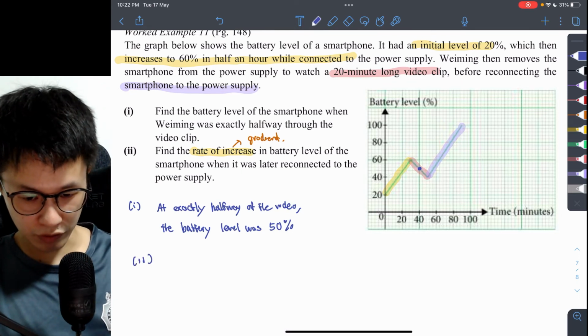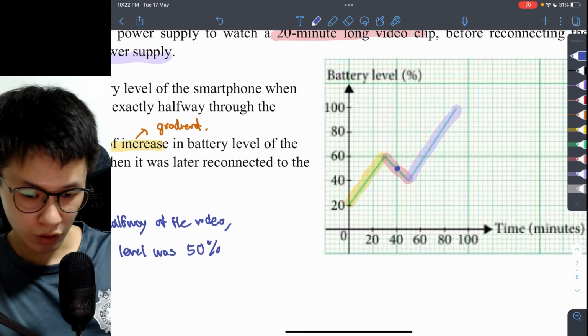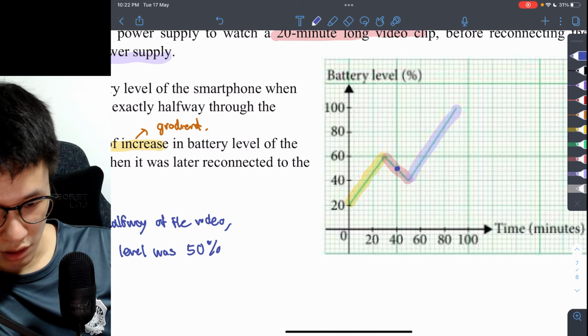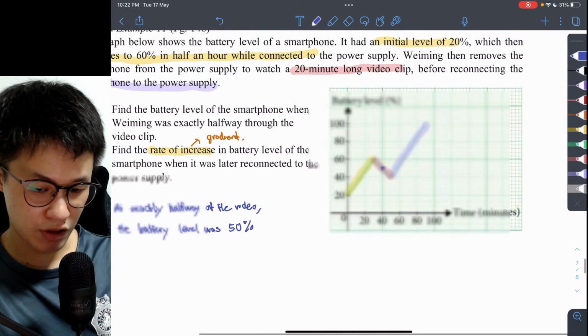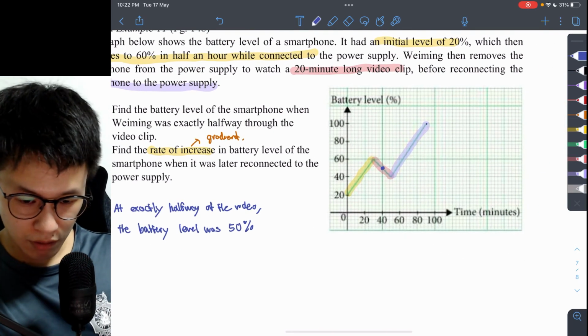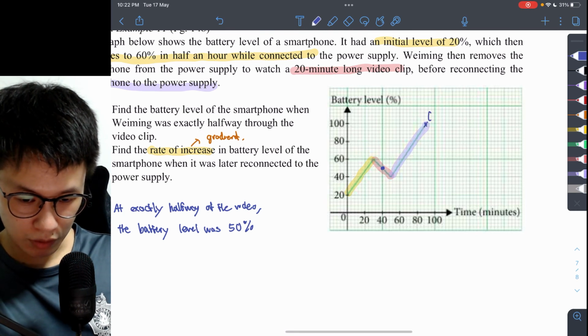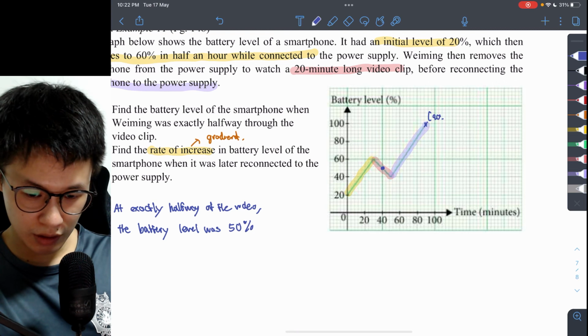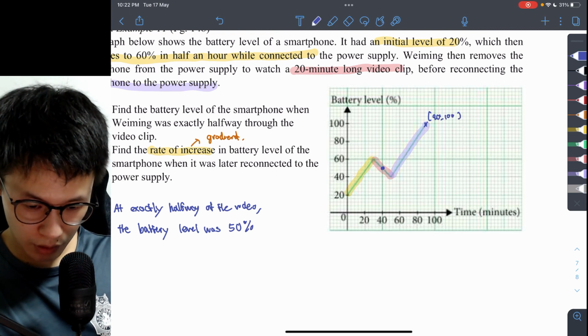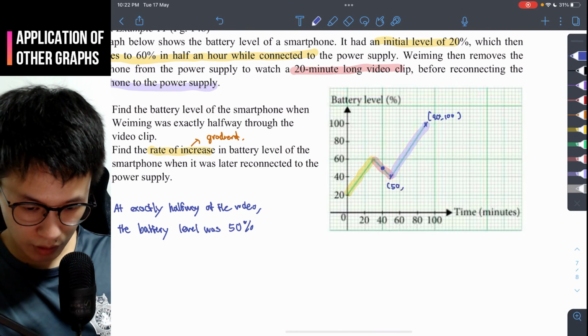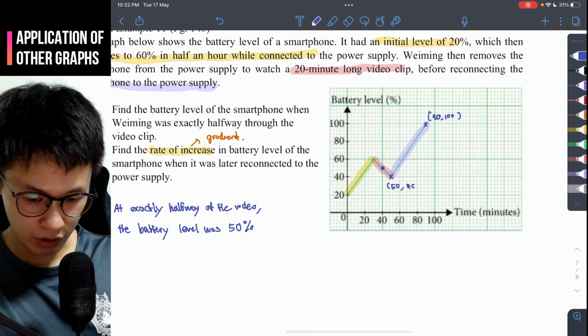We're going to find it from the 50th minute all the way to the 90th minute, just to make things easier, because it reaches 100% at the 90th minute. So based on the graph, this point here is (90, 100), and at this point here, it is (50, 40).